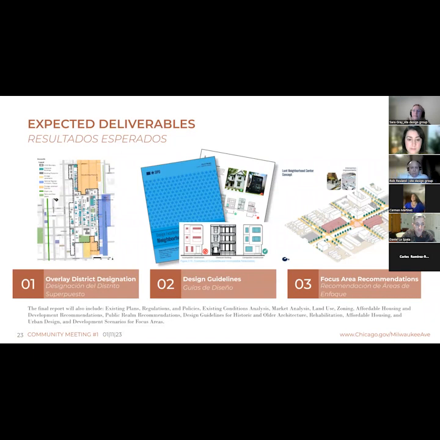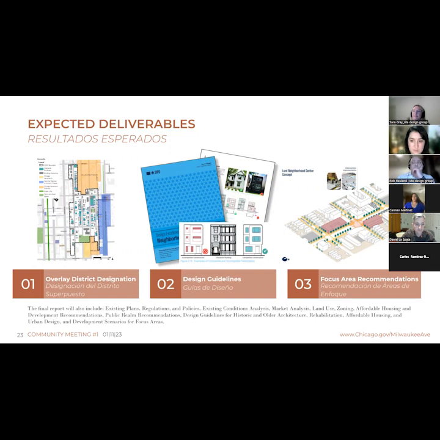So some of the deliverables that we'll be working with in conjunction with our working group and our consultants. This is a very brief summary. There's a lot of work that's going to go in here, but in the final report that we will have at the end of the study, we will have an overlay district designation. We'll have design guidelines.